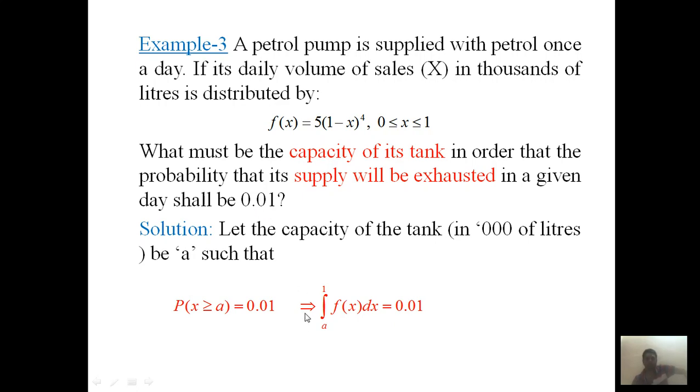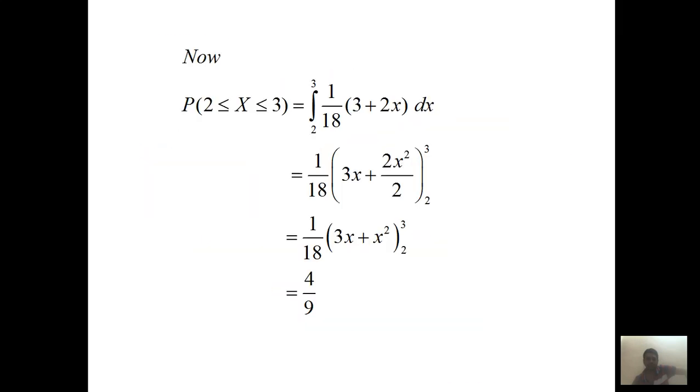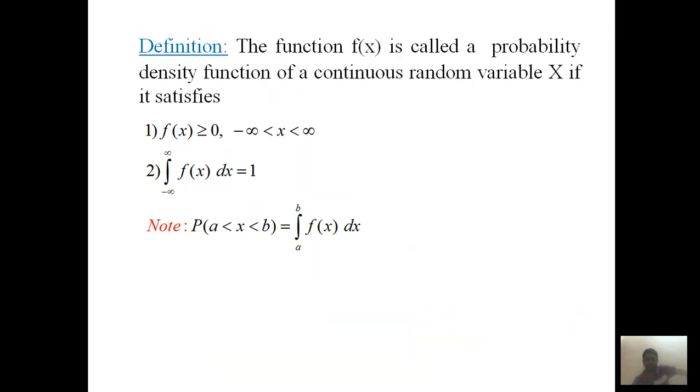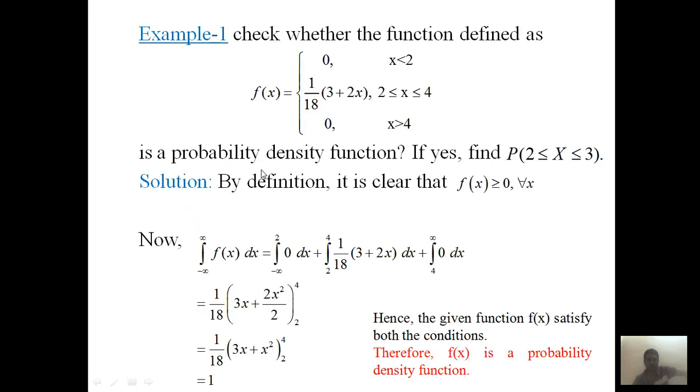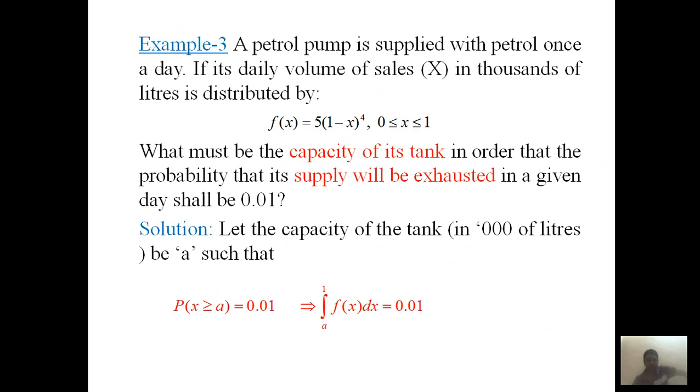So we have to use the second condition, the integral from minus infinity to infinity of f(x) dx is 1. But see here, the probability density function is defined only in the interval 0 to 1.